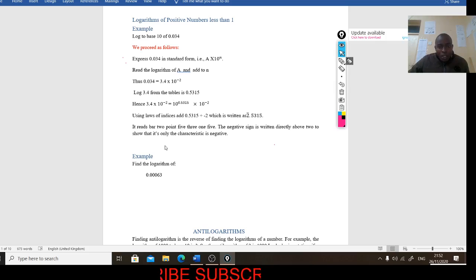The negative sign is written directly above the 2. That shows that only the characteristic is negative, but the logarithm is not negative. So we call it a bar. A bar is written above the 2 to show that it's only the characteristic that is negative, and not the whole number.